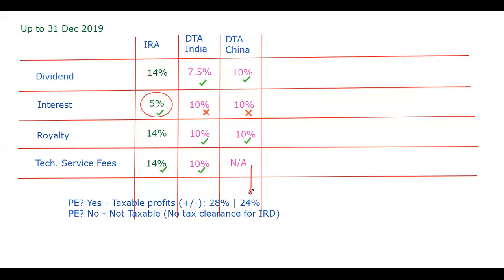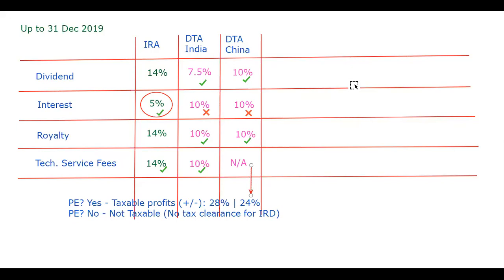and with effect from January 1st 2020, you know that there are two rate changes. Then for interest and dividend, there are so many changes with the new proposal made to the Inland Revenue Act.